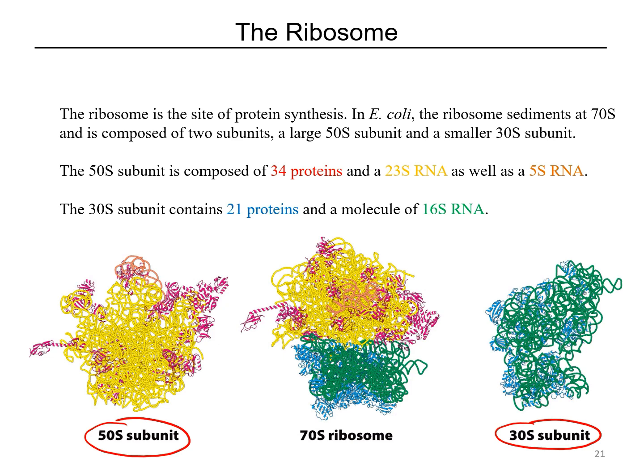Okay, these Svedberg units are not additive because collectively, when we put them together, it's 70S. So remember, the Svedberg unit just tells us that 70S means that the complex is larger than the individual large or small subunits.